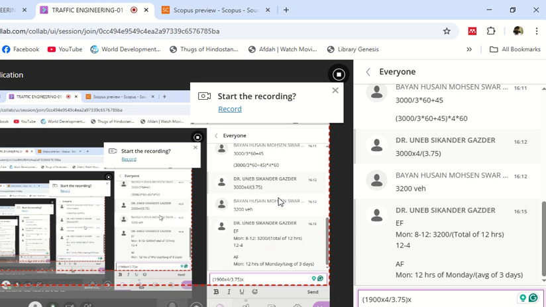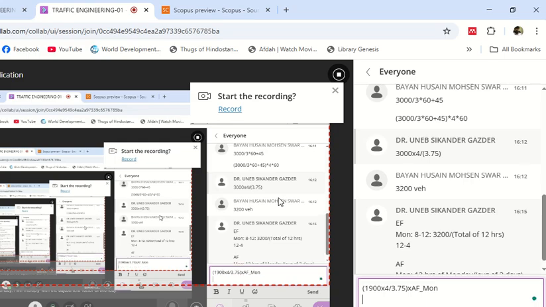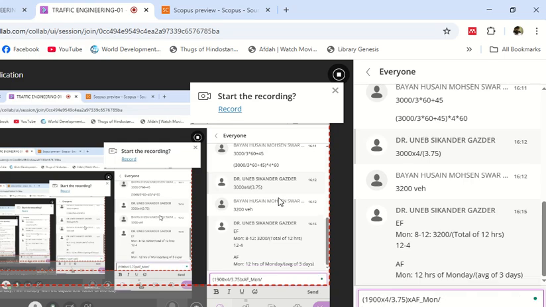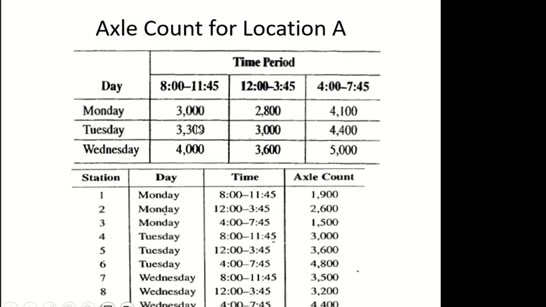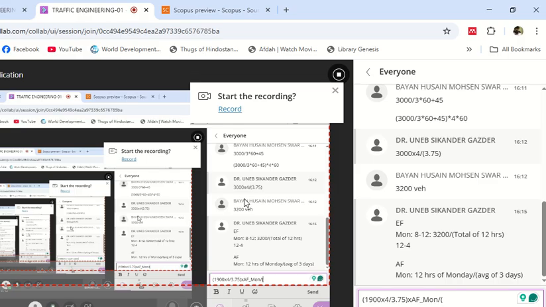Since it is Monday, I will multiply with the adjustment factor of Monday. And since it is on Monday 8 to 12, I will multiply with the expansion factor of 8 to 12 Monday.